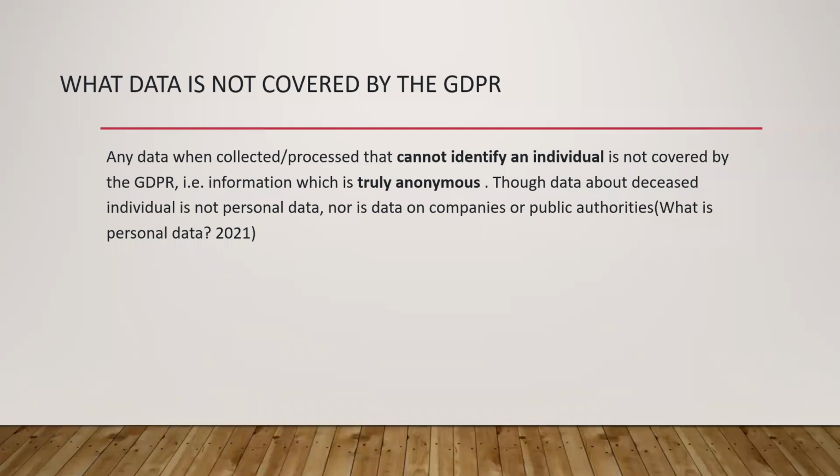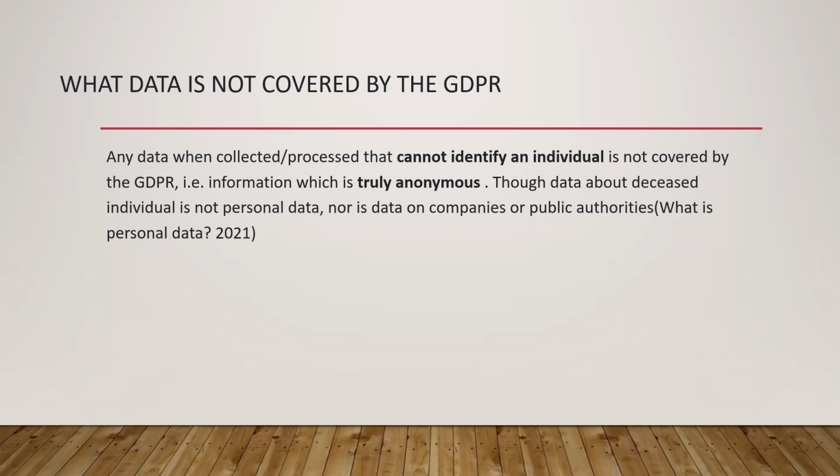So what is not covered by the GDPR? Any data, when collected and processed, that cannot identify an individual is not covered by the GDPR, i.e. information that is truly anonymous. So if an organization is collecting how many people visited the site but not collecting any data on them, that's truly anonymous. They don't know who is visiting the site, only how many people visited.